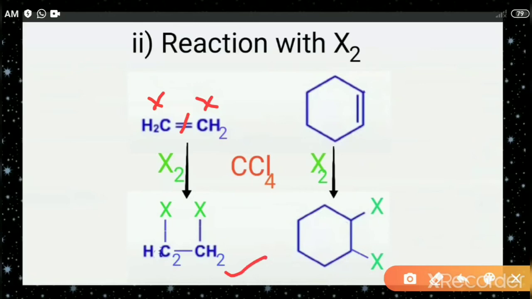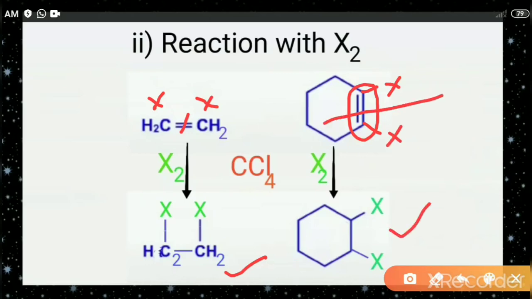In this product, the two halo groups are added on adjacent carbon atoms. Such type of dihalide is called a vicinal dihalide. In the next example also we can find, this is our focusing area, and one of the X added on this carbon atom and the other X gets added on this carbon after the breaking of the double bond.